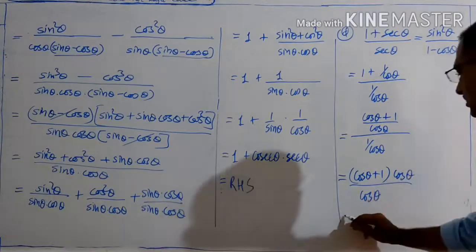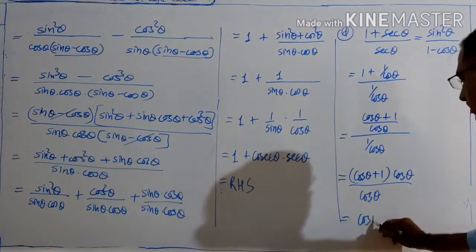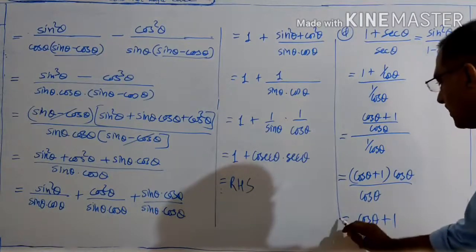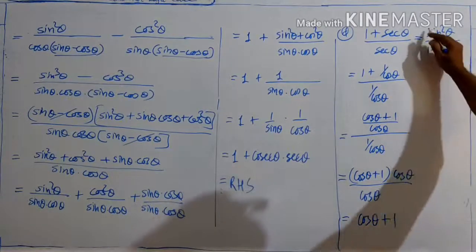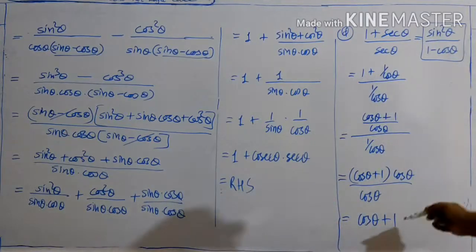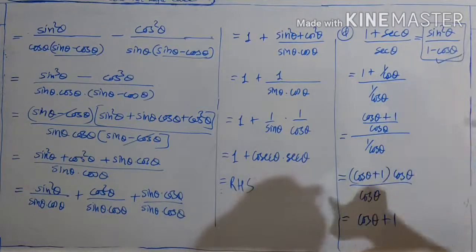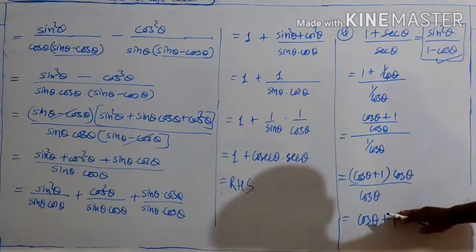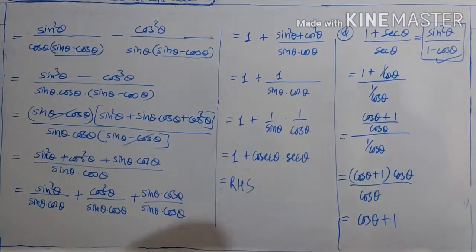Cos theta cancels. So we will get cos theta plus 1. Now our requirement is not this. We want this part. So what shall we do? Here we have to multiply both numerator and denominator by 1 minus cos theta, because we want the denominator 1 minus cos theta. So we will multiply numerator and denominator both by the same value.